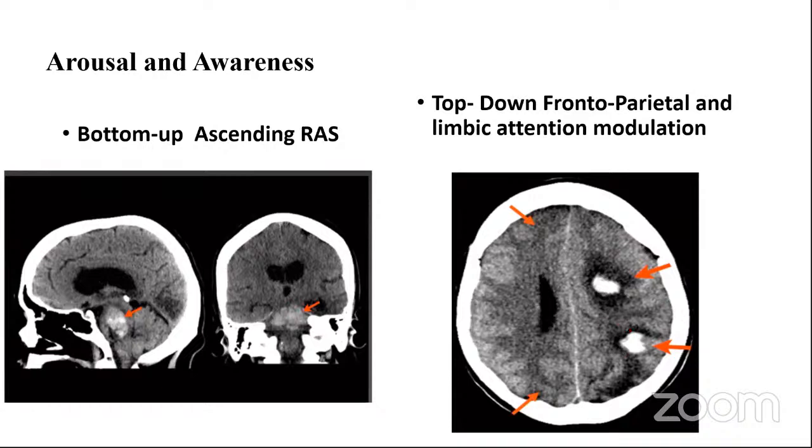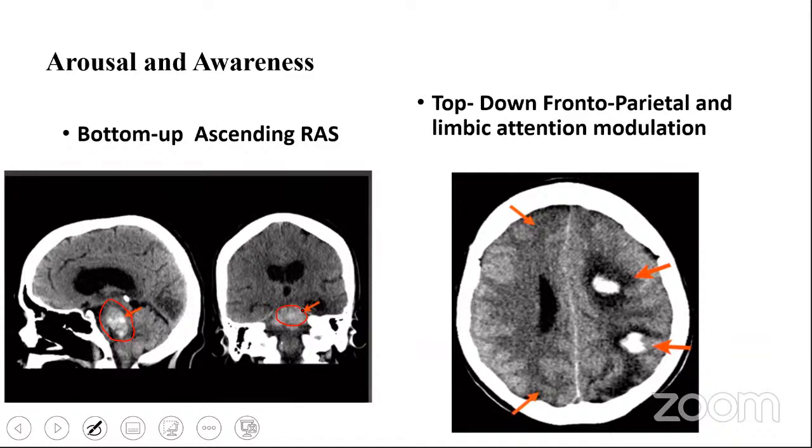The attention is tested by asking to say digits forward and digits backward tests. The bottom up ascending reticular activating system, which you can see in the brain, can get disturbed, and the individual may go into a state of unconsciousness, which can be assessed by the Glasgow coma scale.